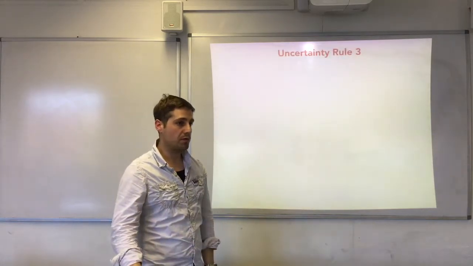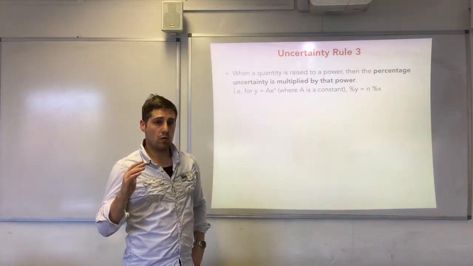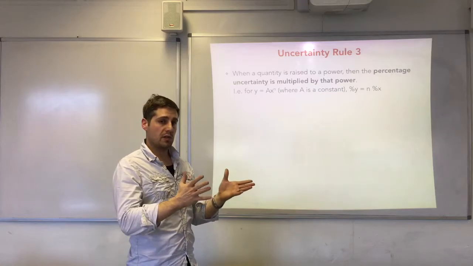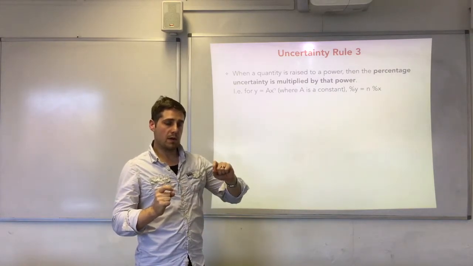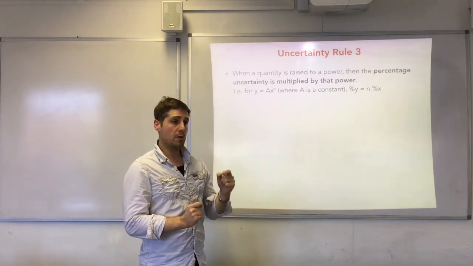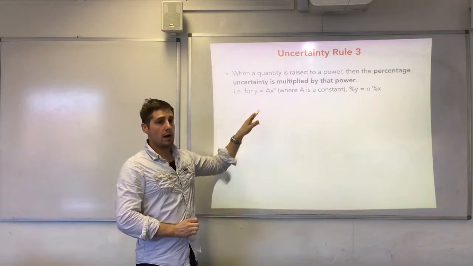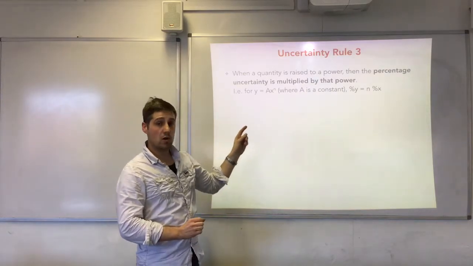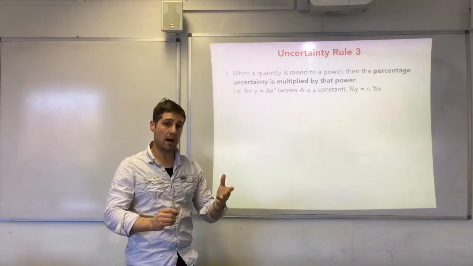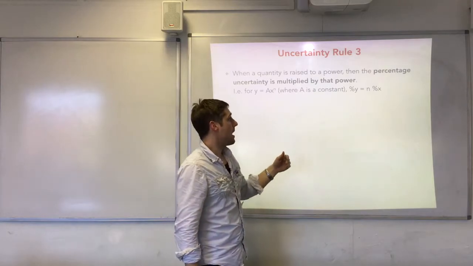On to rule 3, the final rule. If you're raising a measurement to a power, then you need to multiply the percentage uncertainty of that measurement by the power. So, for example, if y is equal to a multiplied by x to the power of n, a is a constant, so it might be pi or just a straightforward 2 or 4, something like that.